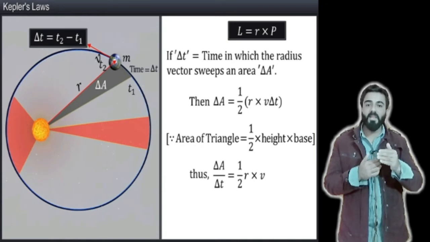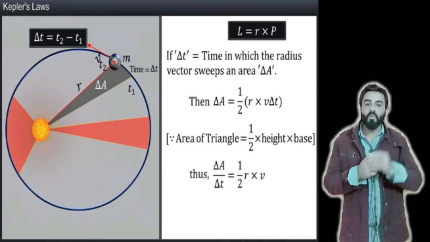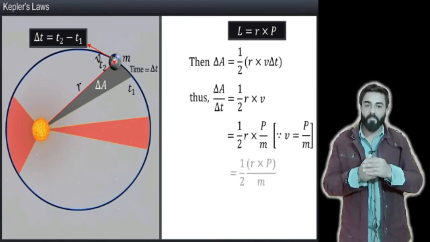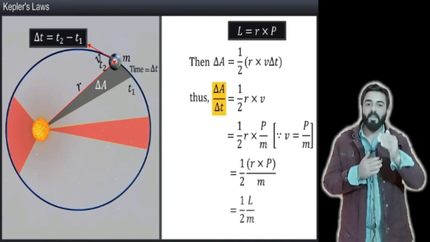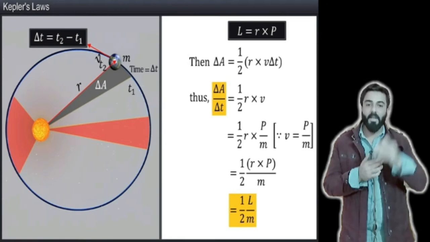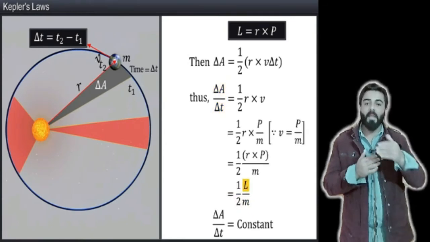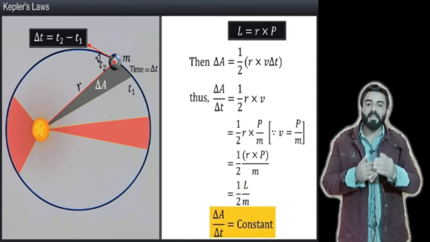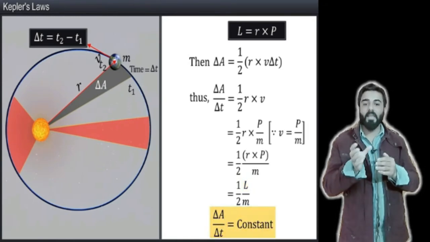On simplification, delta A upon delta t is equal to 1 upon 2 r into p upon m, because v is equal to p upon m. So delta A upon delta t is equal to 1 upon 2 L upon m. As L is constant, delta A upon delta t is also constant. In this way, Kepler's second law is proved.